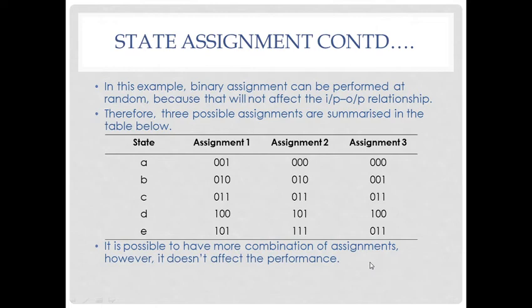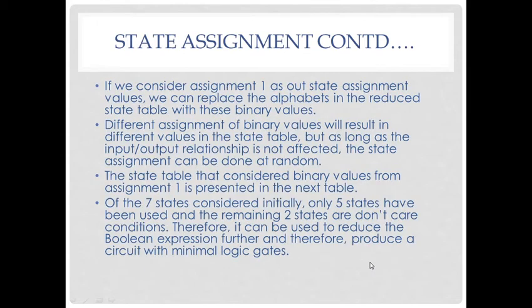In case you have a circuitry where the performance is getting affected by the binary assignment, then this rule does not apply. I'm trying to make this clear again and again. If you consider state assignment 1, which was the most straightforward, the binary values are in sequence.